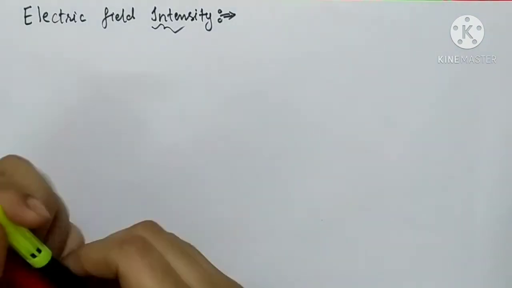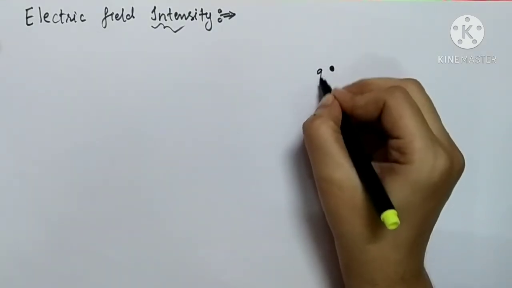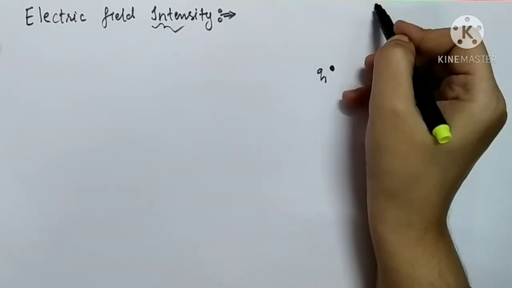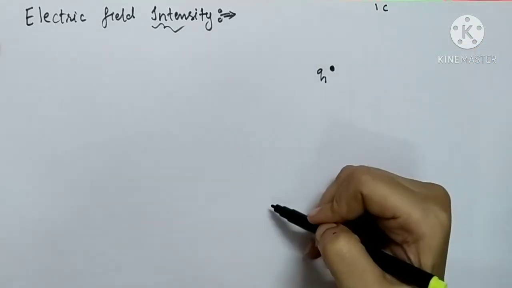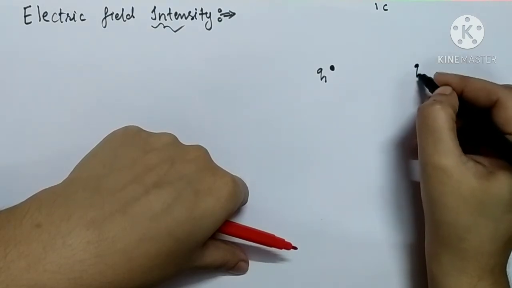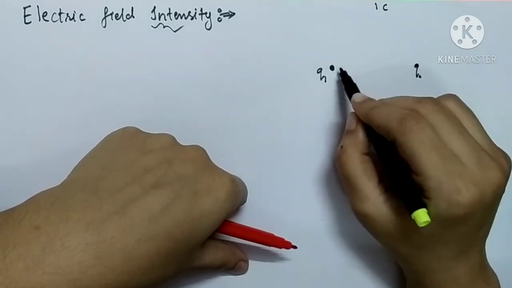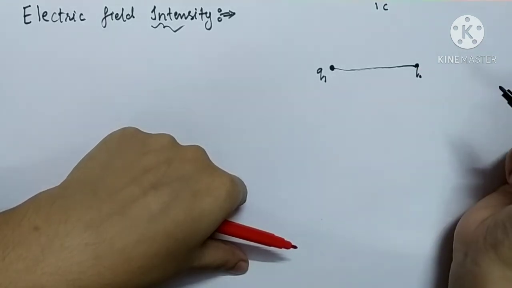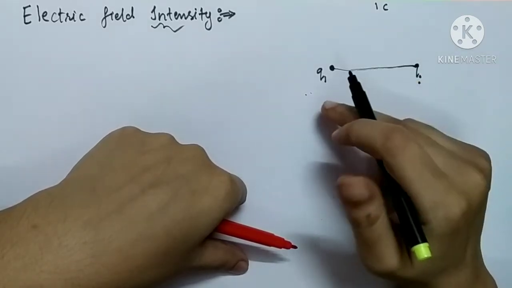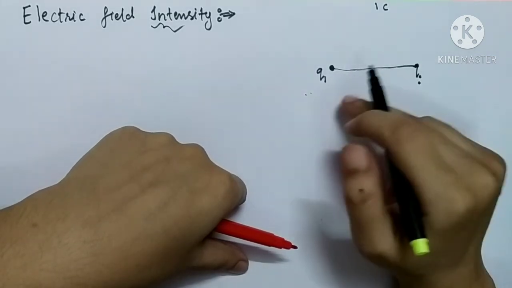We all know that suppose there are two charges. This charge Q1 is positive and suppose it has a magnitude of 1 coulomb. Let us place another charge Q0, which is a test charge. There is a finite distance between these two charges Q1 and Q0. Obviously Q0 is also positive and Q1 is also positive. So both the charges are going to repel.